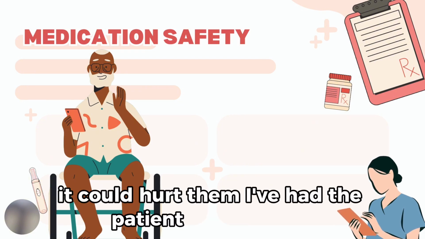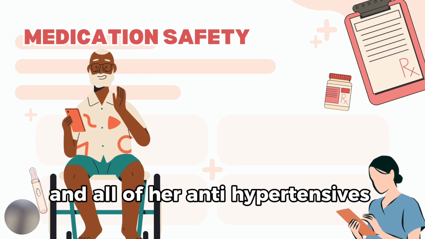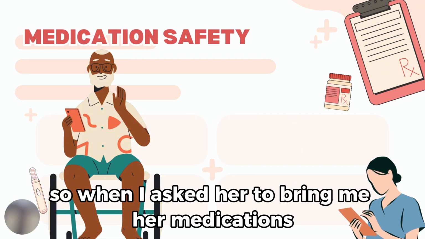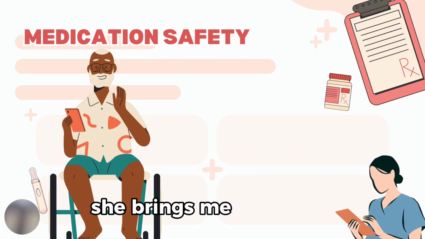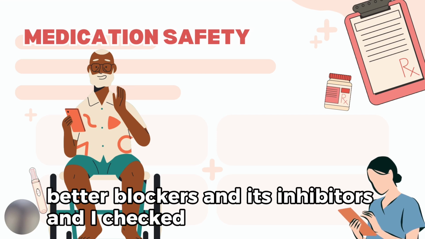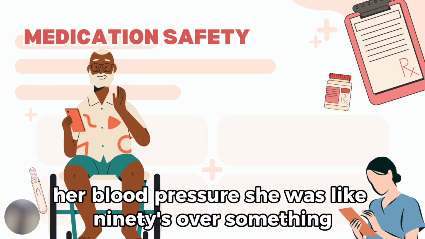I've had a patient that was discharged from the hospital, and all of her antihypertensives were discontinued. So when I asked her to bring me her medications, she brought me beta blockers and ACE inhibitors. I checked her blood pressure. Her blood pressure was like 90s over something.